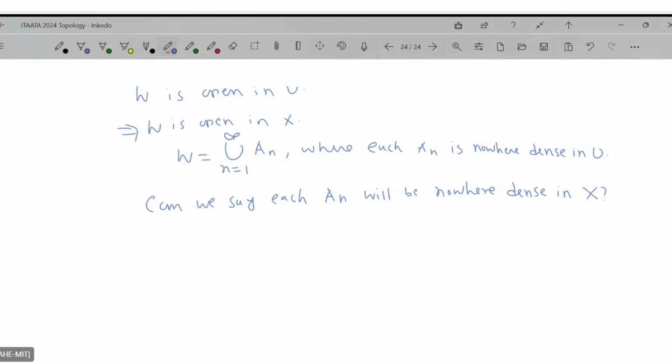Yes, we can also use that AN is nowhere dense in U. Means for whatever open set we will consider, there will exist an open set with empty intersection.